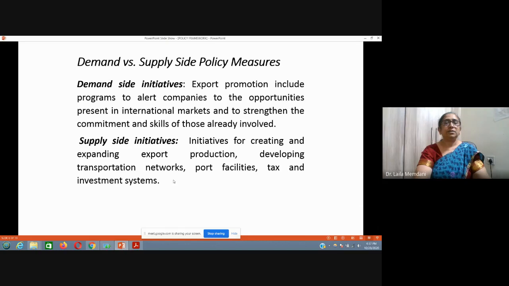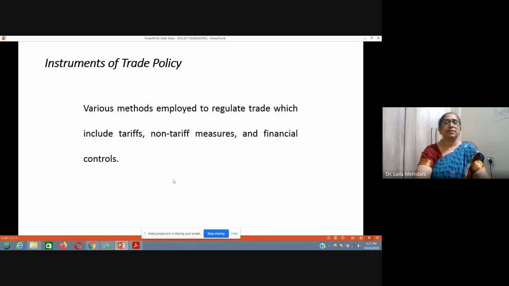They include creating and expanding export production. So we have to increase the production for exports. Our goods must be competitive, quality must be good, and competitive price. Developing transport networks, port facilities, tax and investment systems. All this comes under the supply side initiatives by the government.